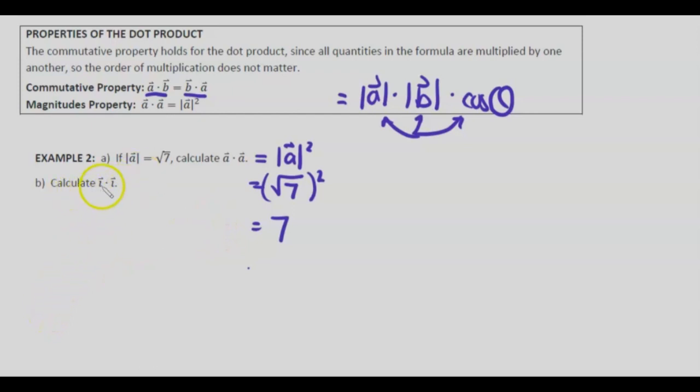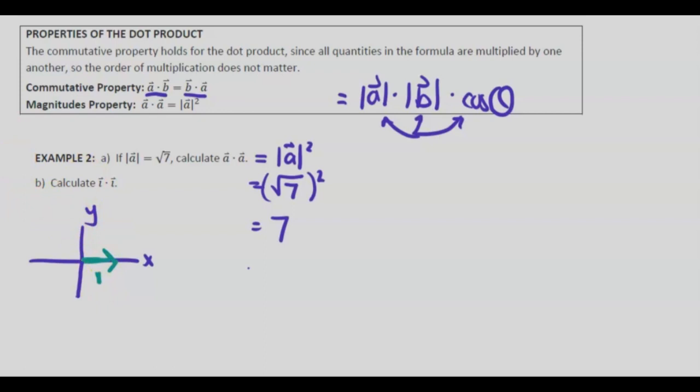Now calculate vector I dot vector I. I'm going to just draw this in 2D. If you remember, X and Y are here. So vector I is going to be 1 unit in the X direction, so the magnitude is 1.